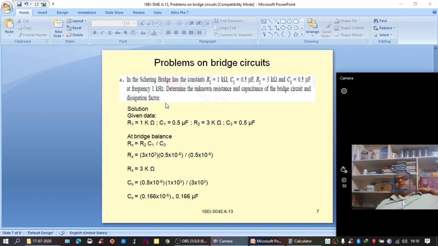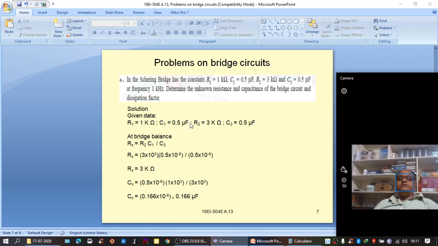The expression for unknown resistance Rx is equal to R2C1 by C3. As you can see, R2 is 3 kilo ohms, that is 3 into 10 power 3.